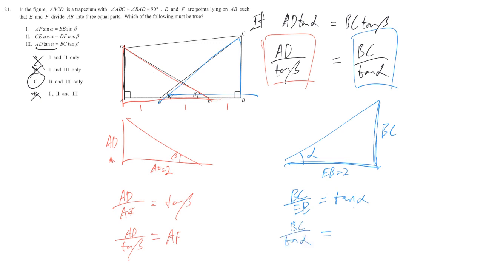BC tangent alpha is equal to EB. So just now, it's not exactly 1. I just mean that this is 1 unit. So this is 2K, this is 2K. And then these two basically are the same, which means if you rearrange them, this one is correct. So both the second one and the third one is correct.